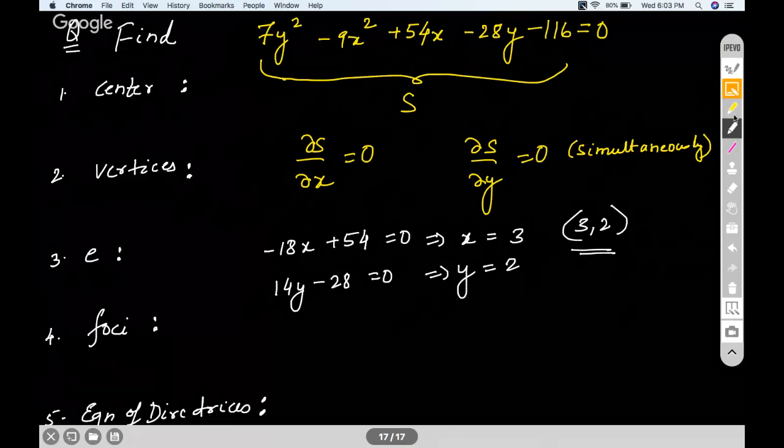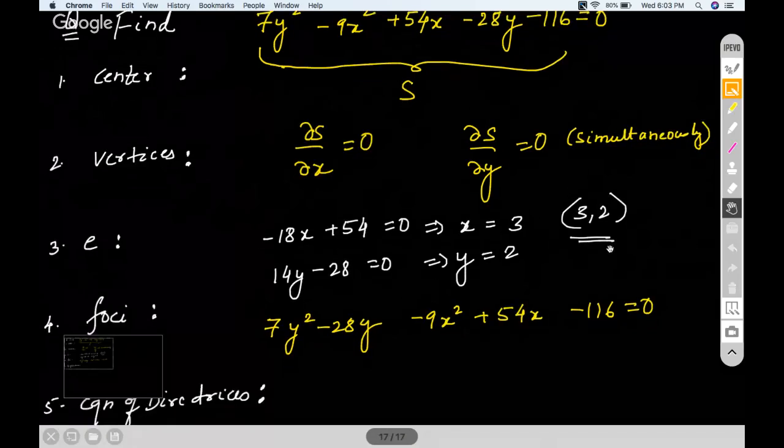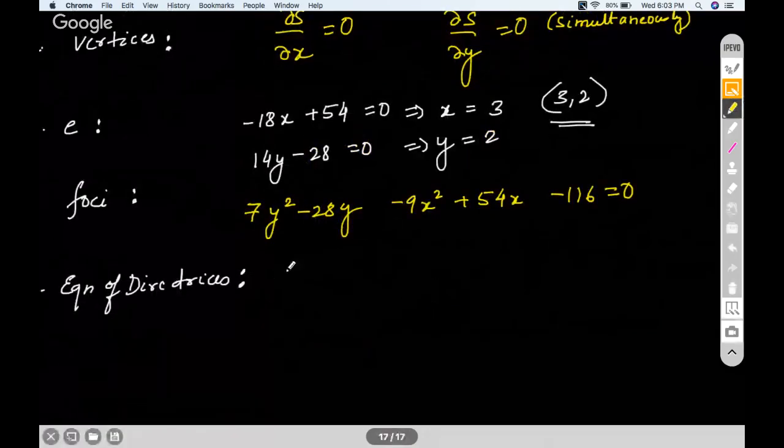So if I try to solve it by our regular method, the method that we have learned in our class 11th, we need to complete the squares. So first we need to group up terms having y's. So let's say I group up these two terms. Then I group up terms having x. And now we are trying to complete the square over here.